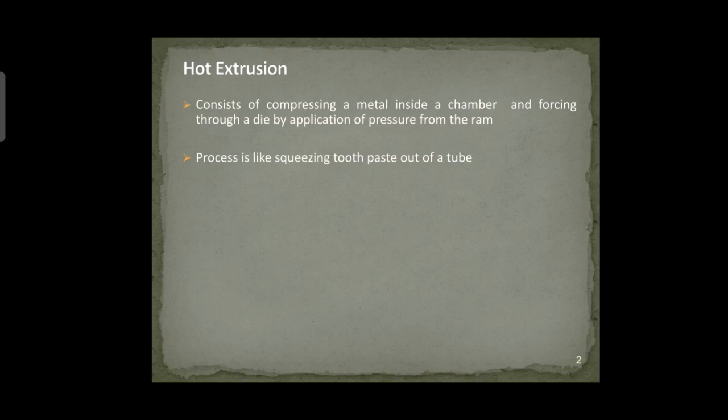Okay, what is the procedure, and what is happening in the machine when this has to be done? In this hot extrusion process, we compress the metal inside a chamber, applying a compressive force, forcing that metal through a die by application of pressure from the ram.